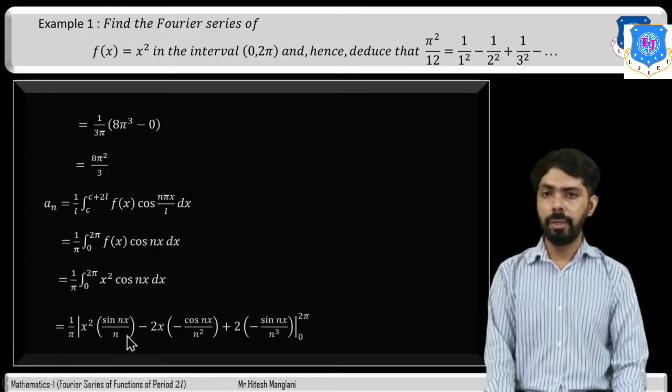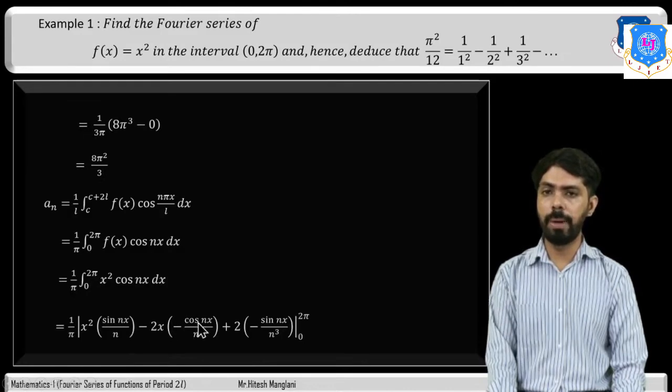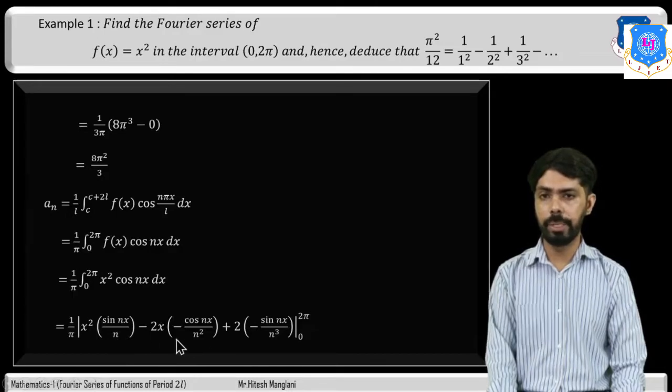And here we will take integration of sin nx divided by n. What is integration of sin theta? That is minus cos theta. So it will be minus cos nx divided by n square, because the coefficient of x is n and here it is already n. So n into n will be n square.